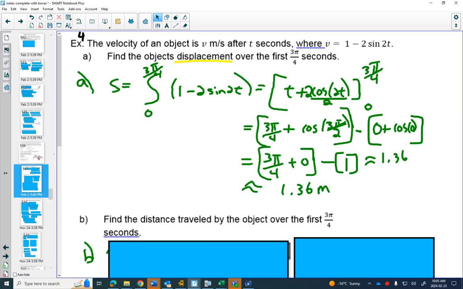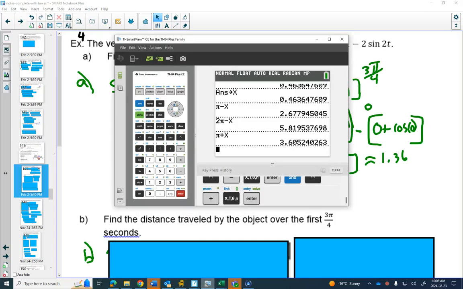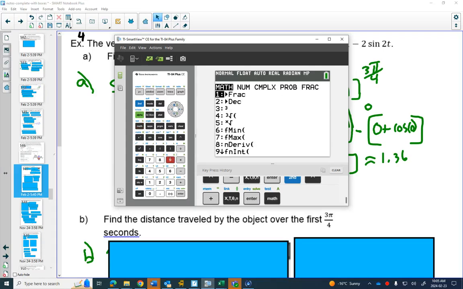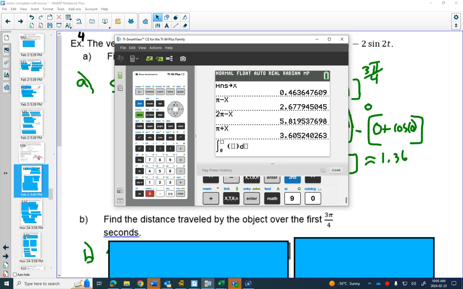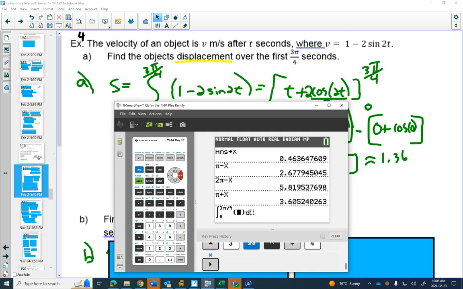Now, just a reminder on our calculators, if this was a calculator question, I would like you to hit the math button and go to number 9 for the integral and go from 0 to 3 pi over 4, 1 minus sine 2x. And remember, for all things, when we do derivatives, integrals, with trig functions, we want to make sure that our calculator is in radians.